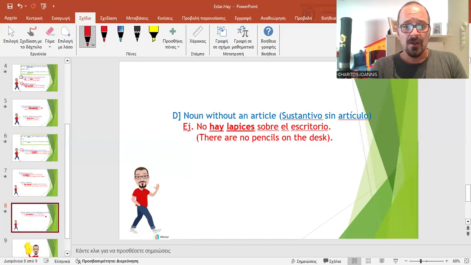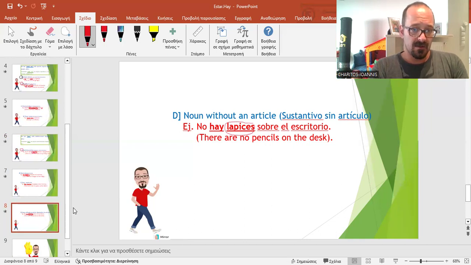Por ejemplo, no hay lápices sobre el escritorio. There are no pencils on the desk. Lápices is the noun without an article. There is no la, lo, los, el, una, no hay nada. There's nothing, right? So, hay lápices. So, this is why we use it with hay. There are no pencils on the desk.